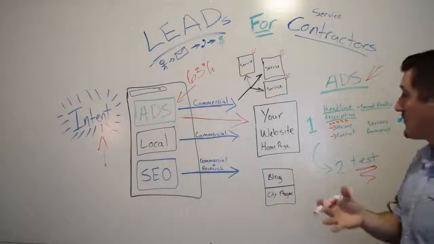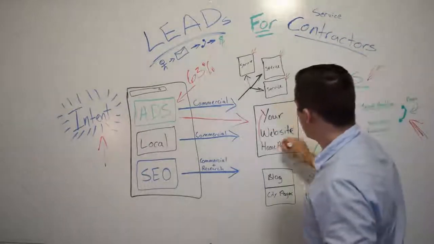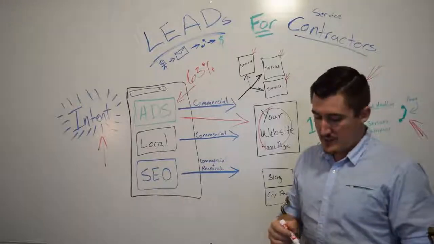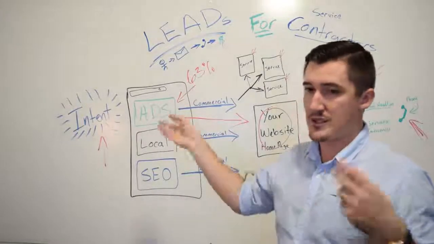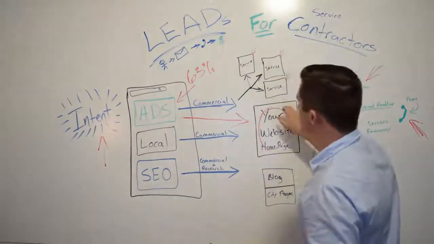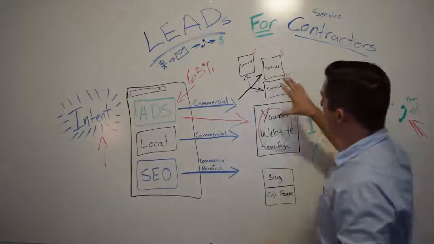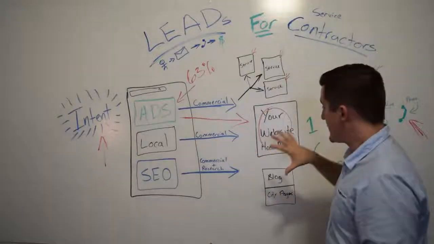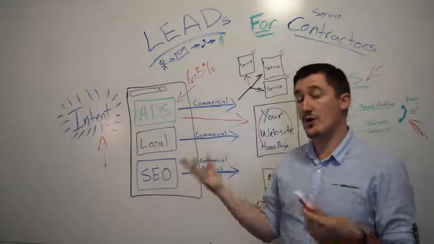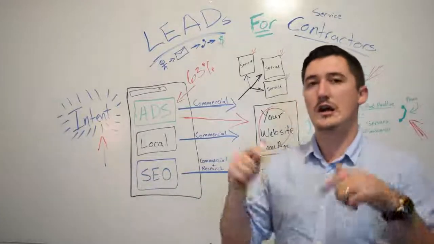I think the biggest takeaway here is: do not send people to your home page. You will for sure waste money, not only on people bouncing off or going somewhere else because they're distracted, but because it's hard to write good ads for specific services and then have them go to your home page. Your quality score, what Google calls a quality score, goes down.